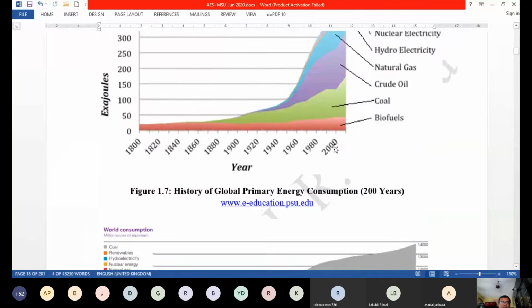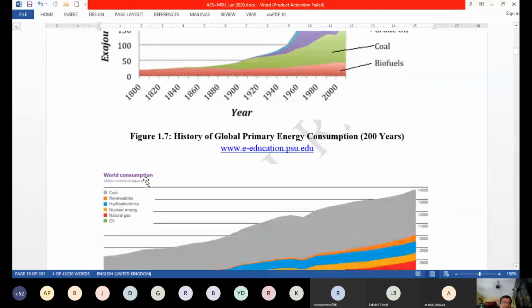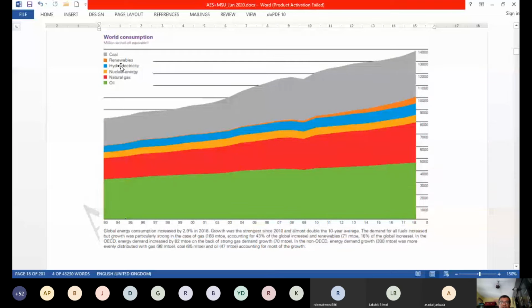Now, this is a very wide range of years, but if you start from 1993 up to 2018, which source is contributing how much? You can see oil is very important, mainly in transportation. Natural gas's share is also increasing. One of the reasons is that it's a comparatively cleaner source of energy.